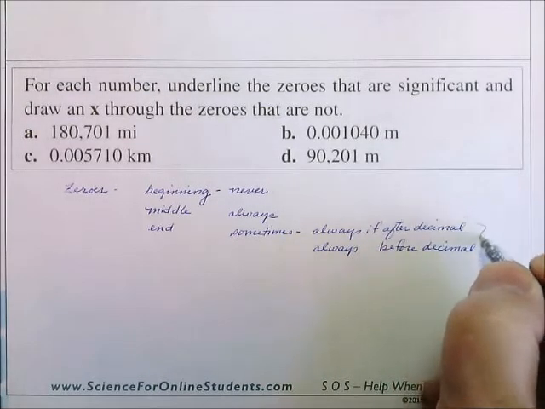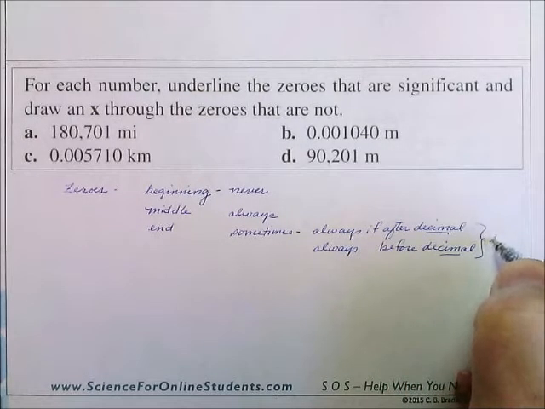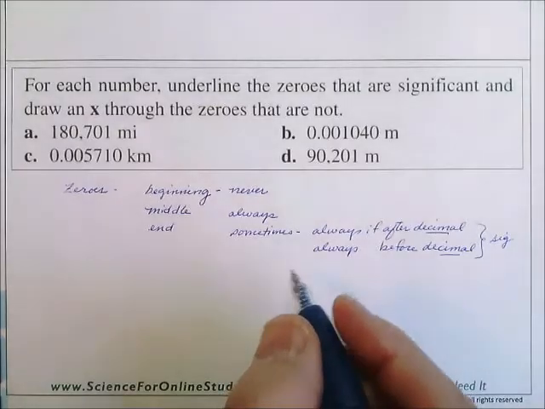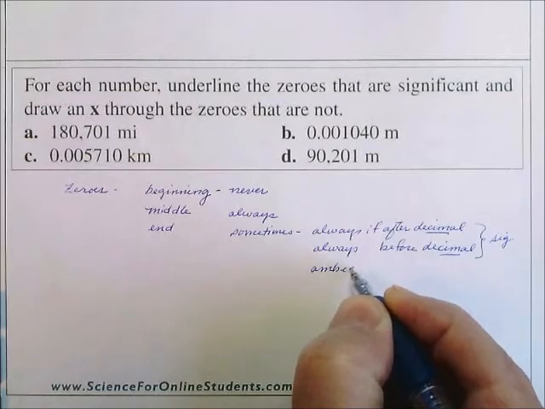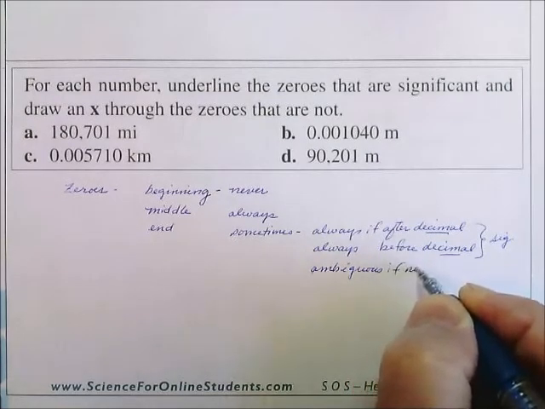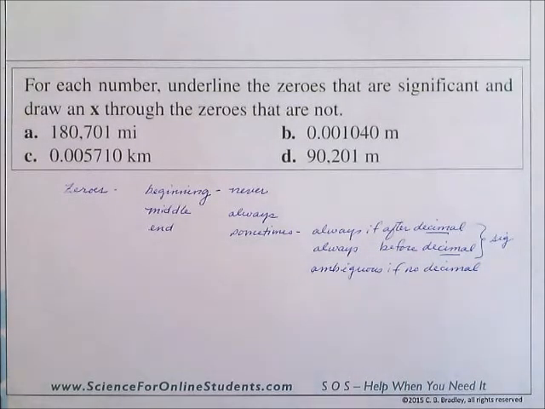So if there is a decimal, then they are significant. If there's no decimal, then it's ambiguous. So the ending zeros, it depends entirely on whether there's a decimal in the number.